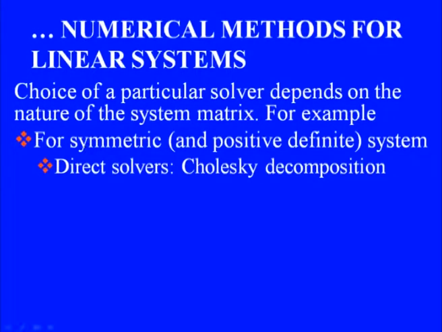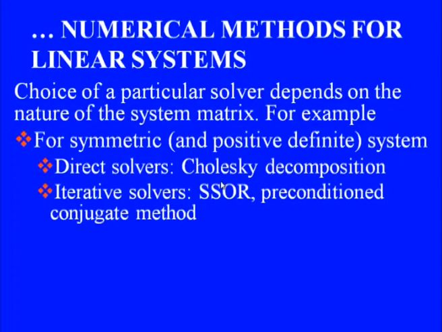Both of these discretization processes will lead us to a symmetric and positive definite system, and in this case we have simplified versions of decomposition process. For instance, the Cholesky decomposition, which works more efficiently compared to LU decomposition, and similarly we have specialized versions of iterative solvers such as symmetric SOR and preconditioned conjugate gradient method.